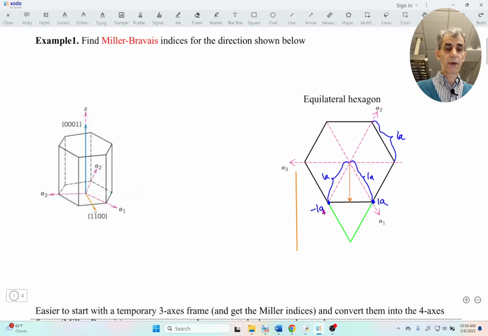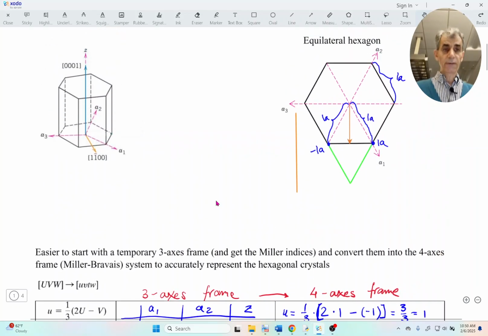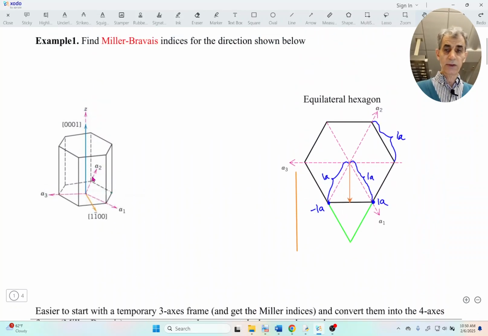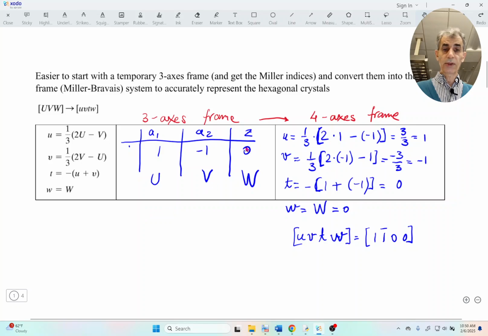So it will be minus 1a. So for us, it will be 1a here, minus 1a there, and there will be a 0 because this vector doesn't go along the z-axis, just in the base. So the projection along the z-axis is 0.